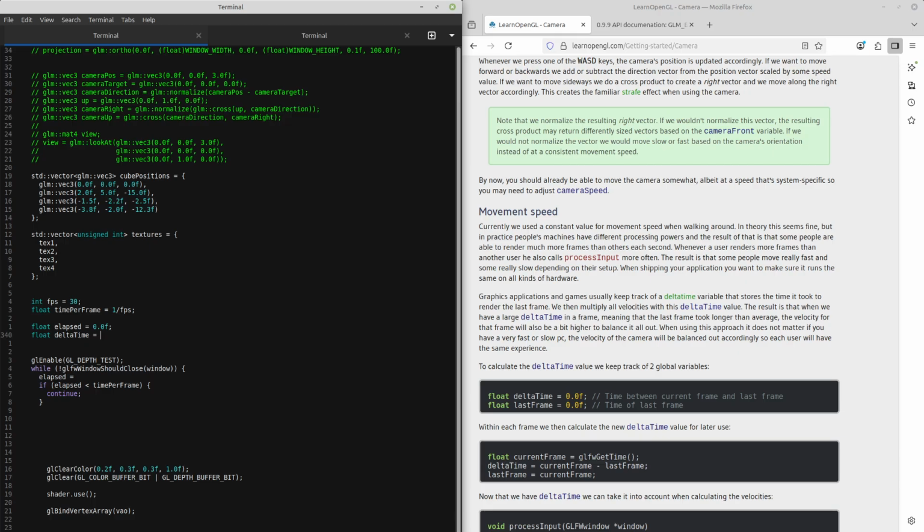How does that work, though? Start at 0, we'd say elapsed equal, well, let's say the delta time equals minus the last frame.